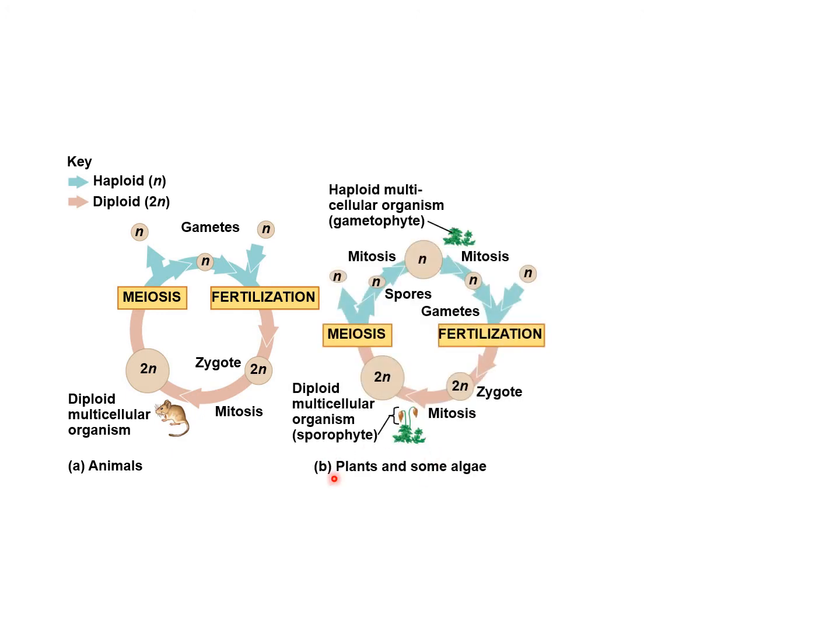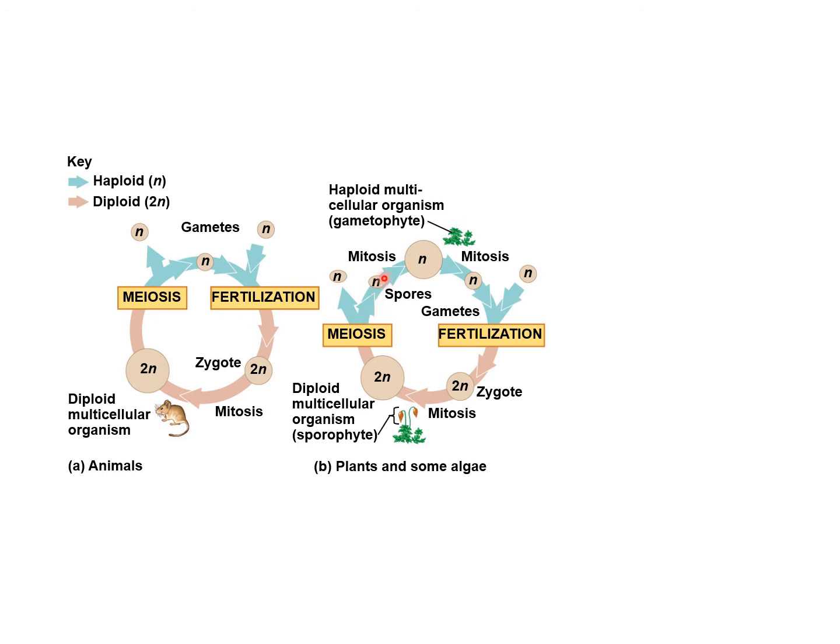In the case of plants and some algae, you actually have this sort of tripartite cycle. We have fertilization here. We'll always start at fertilization. We create a zygote, and that creates a mature, what we call a sporophyte. It's a sexually mature diploid organism that has meiosis and will create spores.